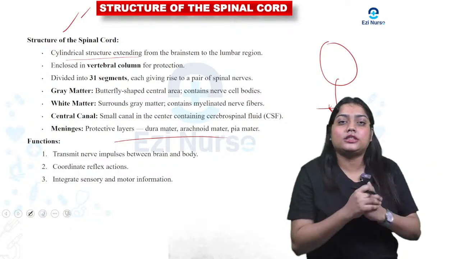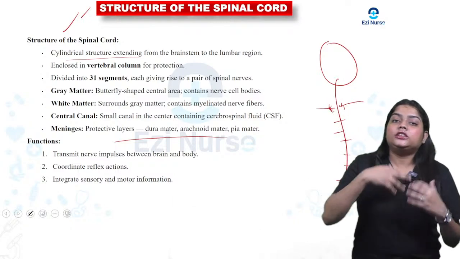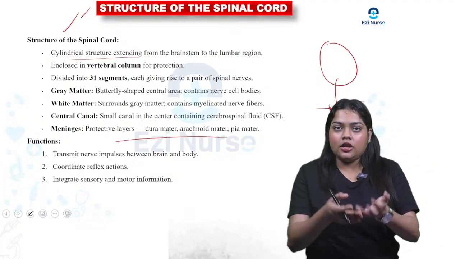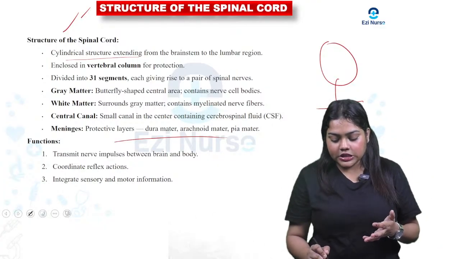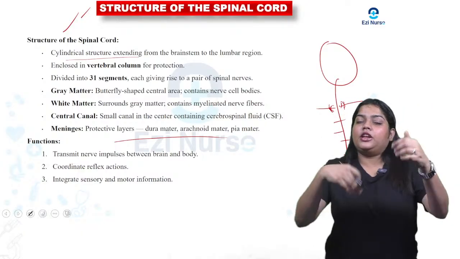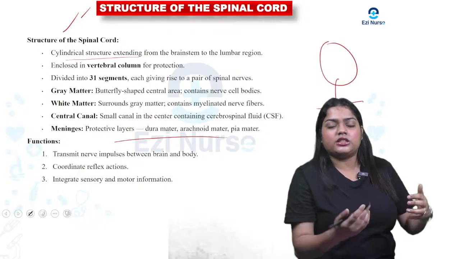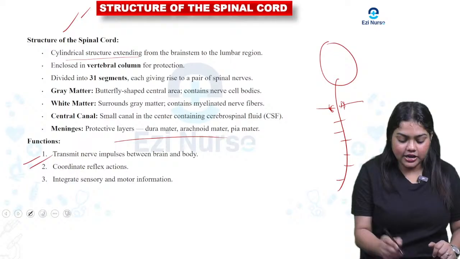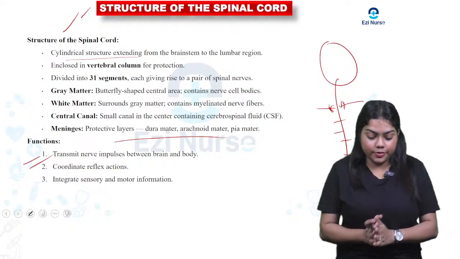Each nerve sends impulses from the body to the brain through the junction of the spinal cord and those nerves, and from the brain they again send electrical impulses, and whatever the response is, it goes through the spinal cord. So this is the main important function. Try to remember this.